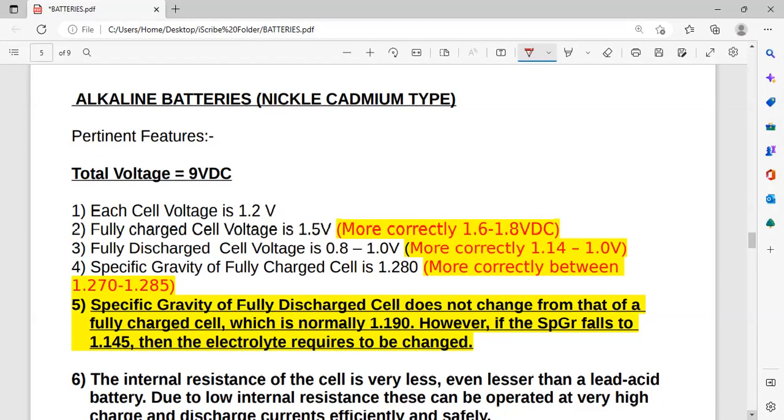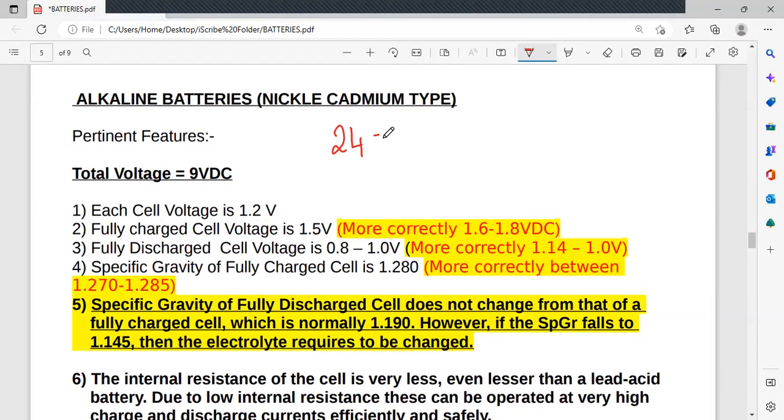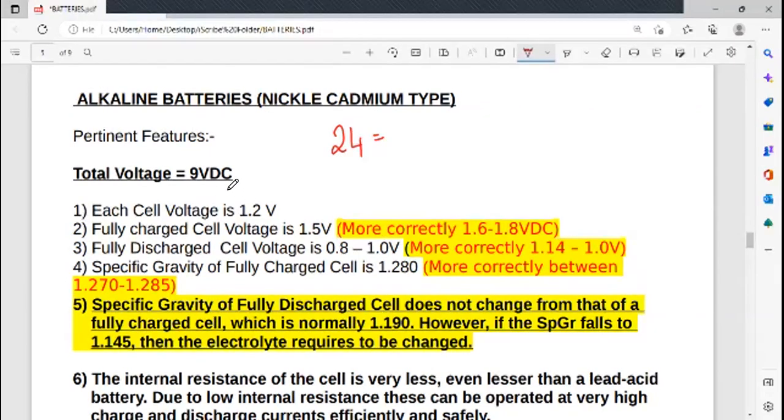Here they are showing a total voltage of 9 volts. Suppose you want 24 volts. Each cell, this is the nominal voltage.